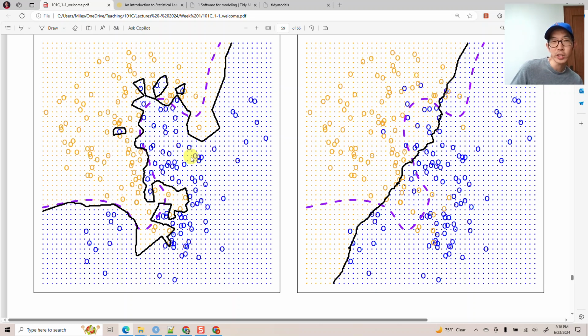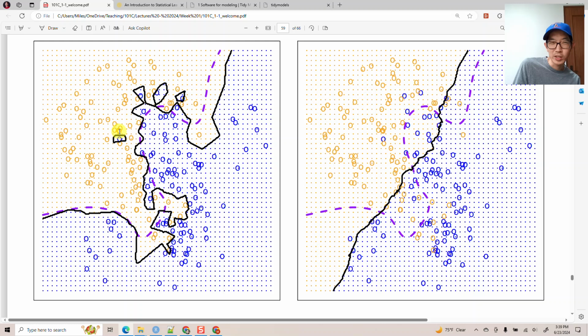With k equal to 1, you use the 1 nearest neighbor to determine whether something is blue or orange. And so we have this one sole blue dot out here, and because we're looking for the 1 nearest neighbor, it carves out its own little enclave that says, this area I'm claiming for blue.